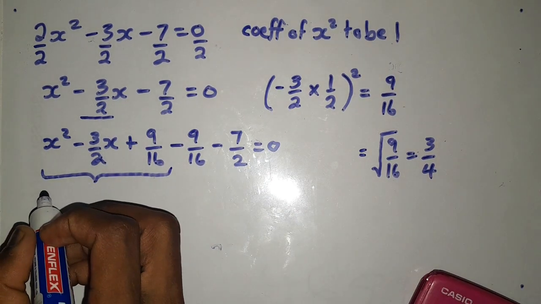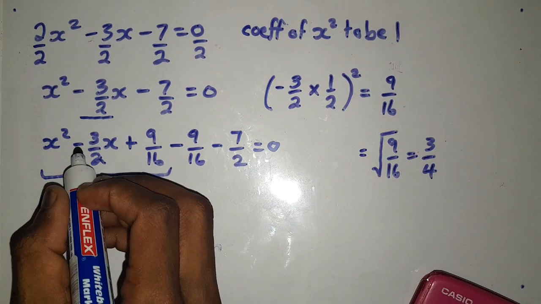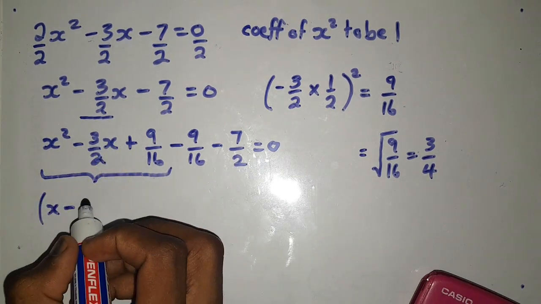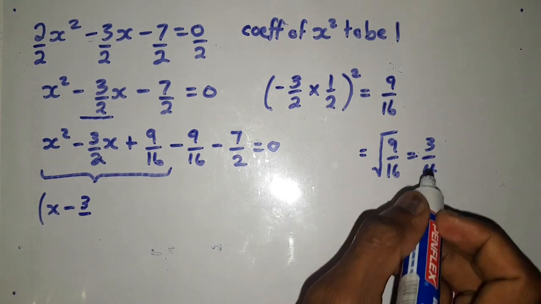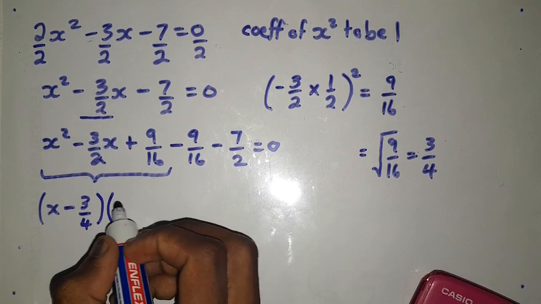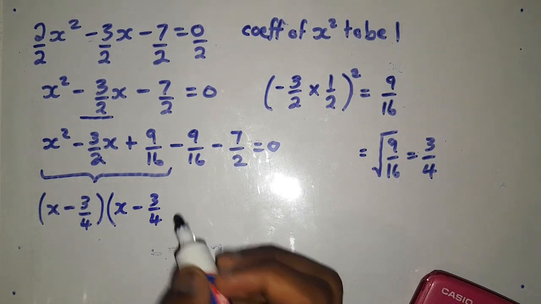Then it's going to be like this. X minus, you see? Don't forget, if we have a minus with a plus sign, both brackets are going to be negative. Our factors are going to be 3 over 4 minus 3 over 4. See?